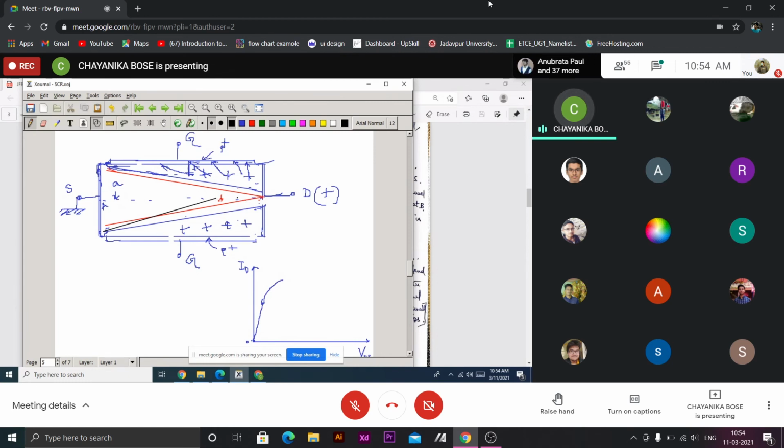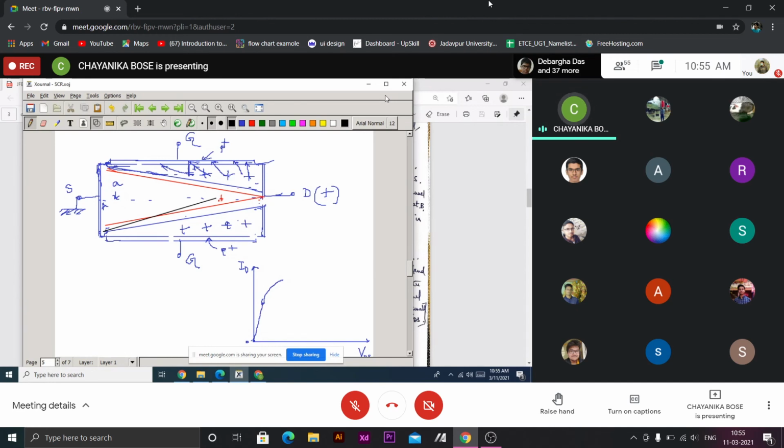This is 5, then here 6, then here 7. It is 0 here and 7 at this end, so at some intermediate point the potential will be 5 volt. This 5 volt is what is needed to make the depletion region width A. That means our pinch-off point has moved to the source side.